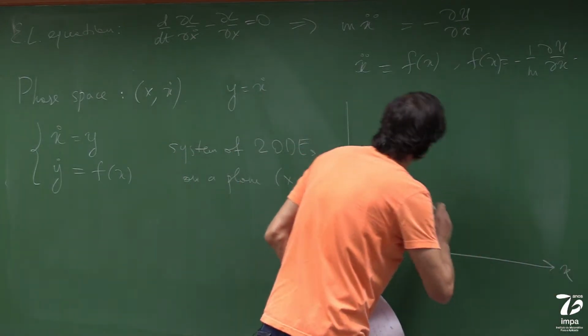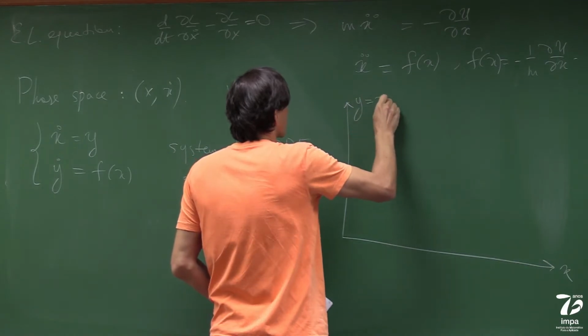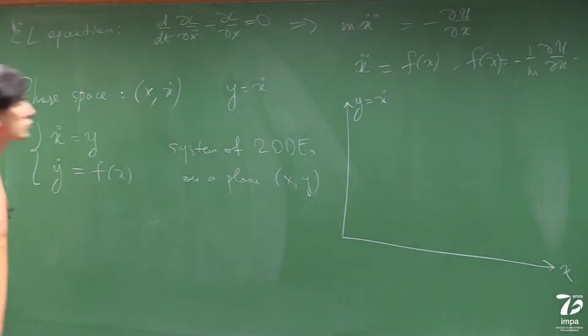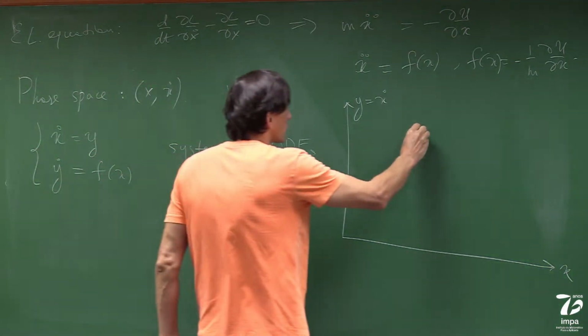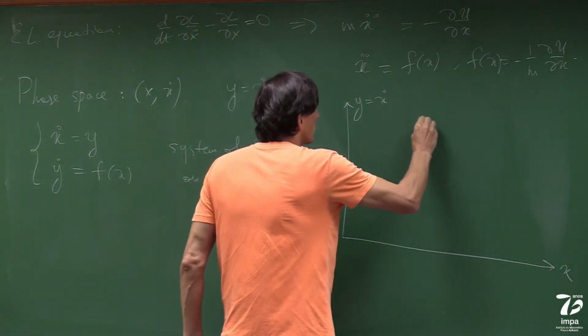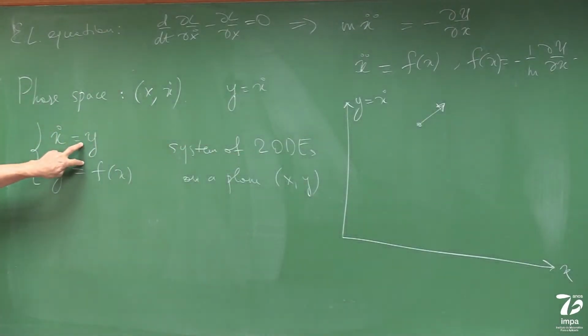And this system gives you the law of motion on a phase plane where, let's take the horizontal coordinate x, the vertical coordinate velocity. So at each point of this plane, you get a vector, which is the right-hand side of this system.